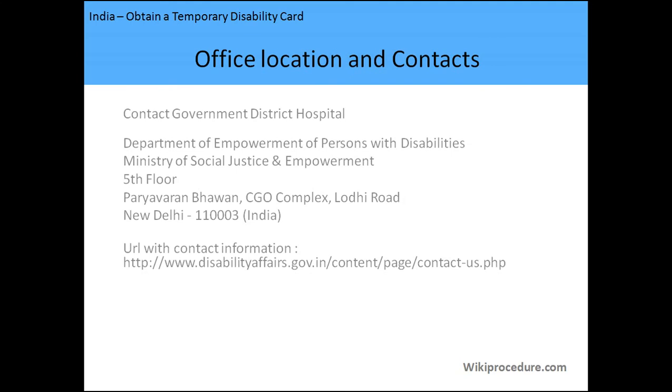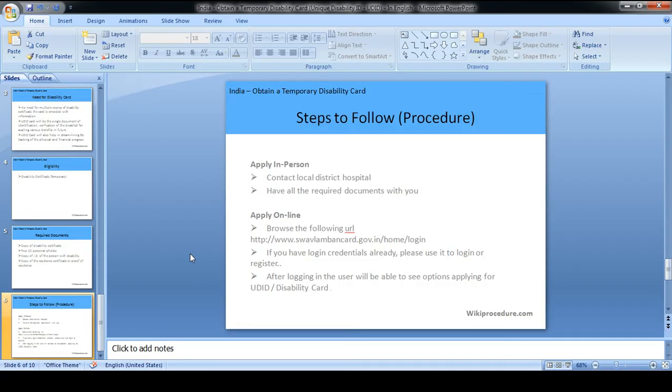The office location and contacts are, as I said previously, your local district hospital, and I did also mention the sources that you can approach to obtain information about the local government district hospitals. This service is provided by the Department of Empowerment of Persons with Disabilities, and this is their contact information.